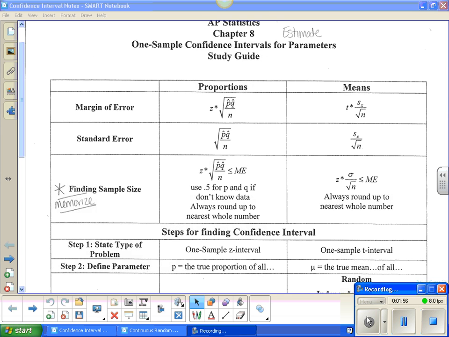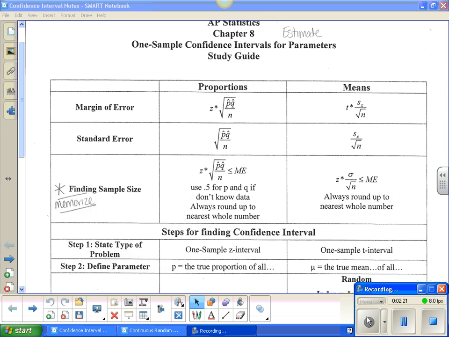Your margin of error is what you're adding and subtracting. It says statistic plus or minus and then a whole bunch of stuff, right? Your critical value times your standard deviation. This is your margin of error. It's your wiggle room. Make sense? So your margin of error is the critical value and the standard deviation. That's important. I'm going to say that one more time.